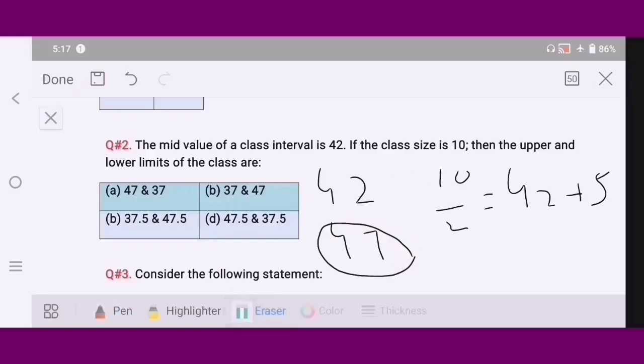Similarly for the lower class limit, we just subtract, so we get 42 minus 5, which gives 37. So the correct option is this one, because the question itself says the upper and lower limits. So we first find out the upper limit, that is 47, and similarly 37. So option A is correct.